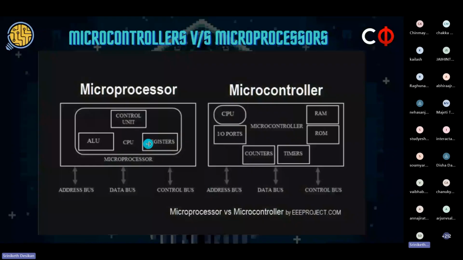In this diagram, you can see that I have a microprocessor here and a microcontroller here. This is a block diagram with all the parts that the microprocessor and the microcontroller contain. A microcontroller contains a CPU, input-output ports, counters, timers, and memory, all of it built in. While the microprocessor has only an ALU, a control unit, and registers.